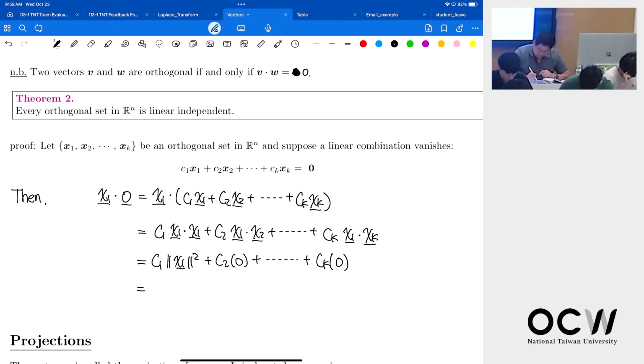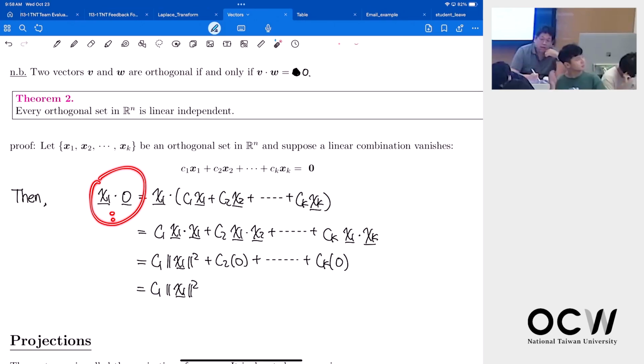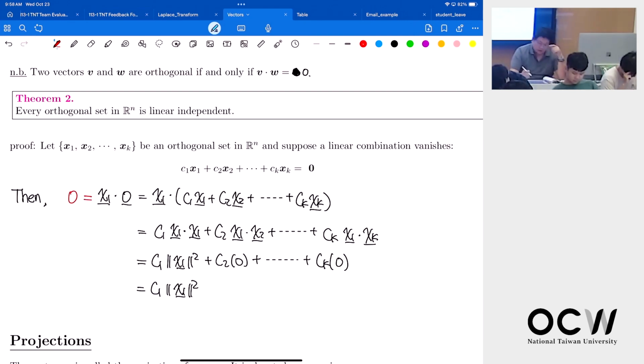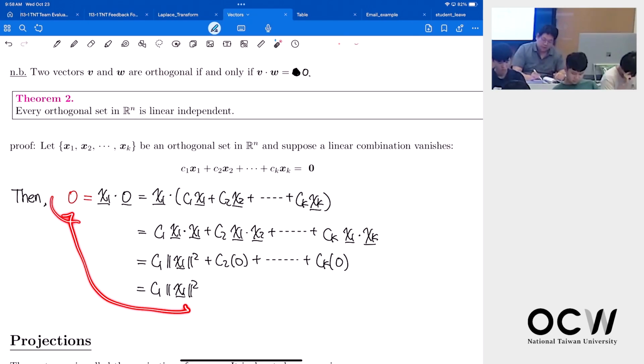So this one will be only c1 times the norm of x1 squared. The left-hand side, x1 dot the 0 vector, will be 0. So now they should be equal: 0 should be equal to c1 times the norm squared.